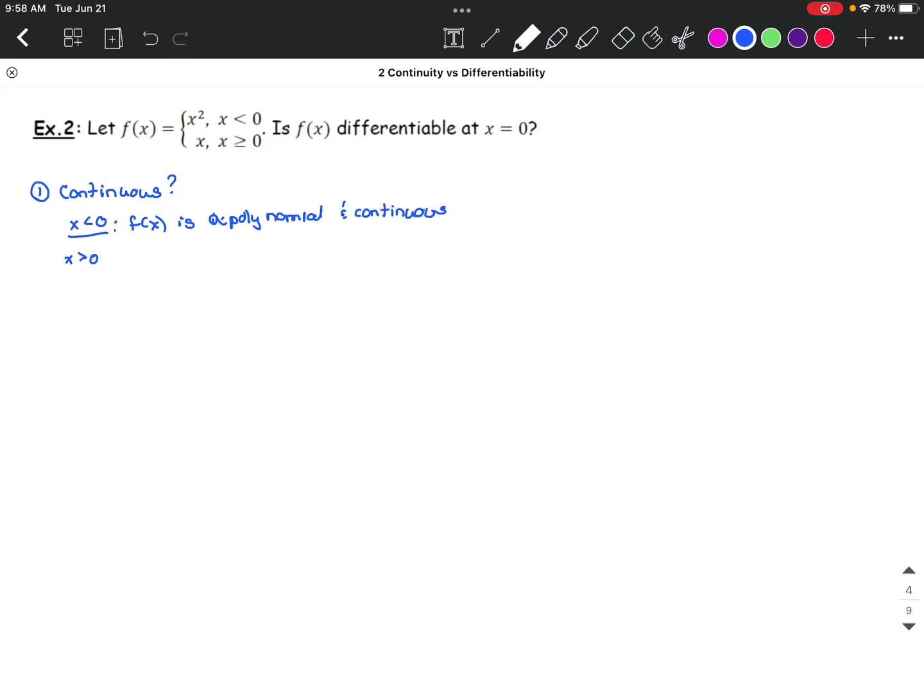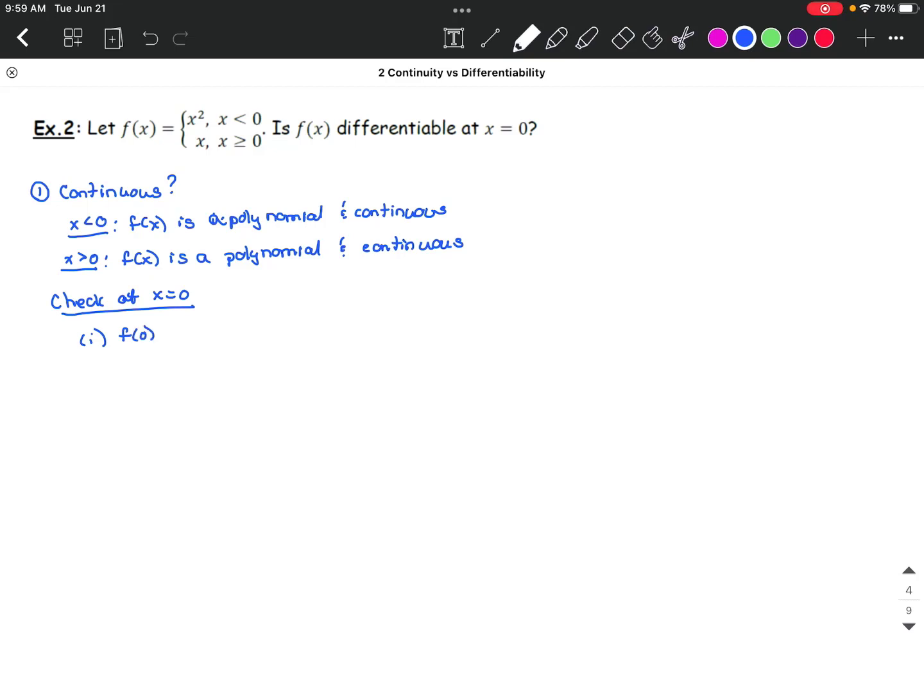When x is greater than 0, f of x is a linear function, so it's a polynomial and continuous. So we need to check at x equals 0.